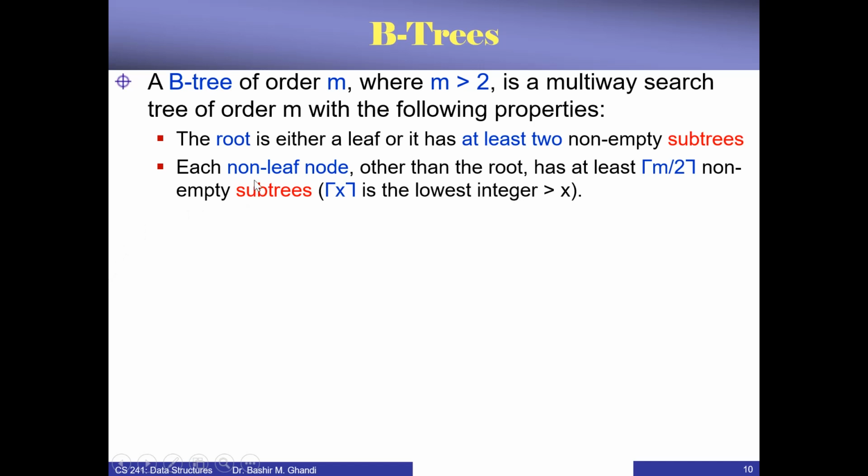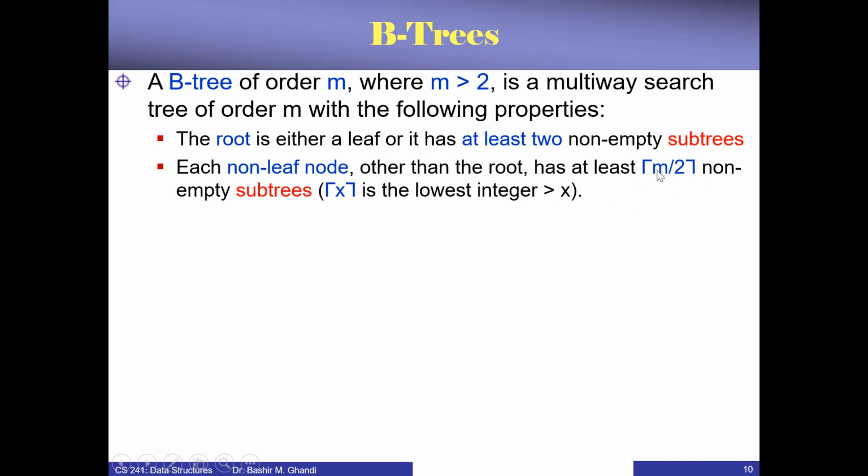Second condition, a non-leaf node other than the root must have at least the ceiling of m/2 non-empty subtrees. Okay, so this is even stricter than our condition for the root. First of all, what does ceiling mean?